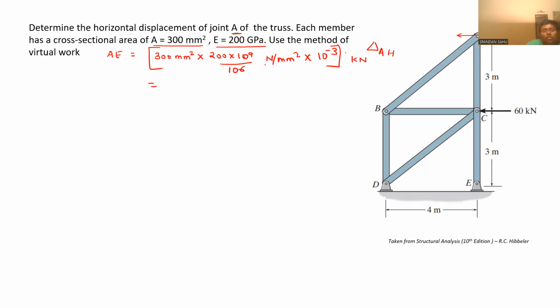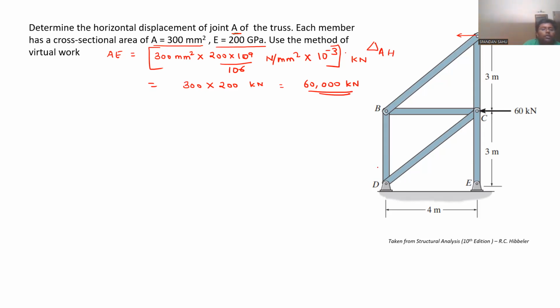So it will be 300 into 200 kilonewton, which is equal to 60,000 kilonewton. This is done. Now, can anyone say from where to determine the member force?